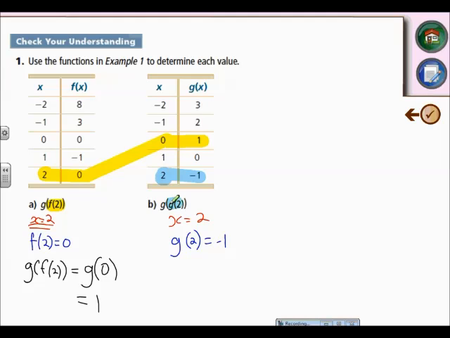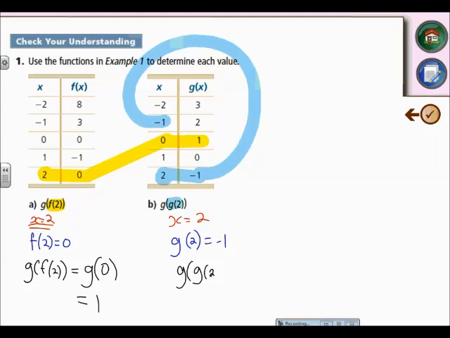Take your negative 1, and we need to put it back in for the x. But we're putting it back into itself, back into the g. Which means g at 2 is equal to g at negative 1. All I'm doing is substituting here. I'm saying okay, g at 2 is equal to negative 1, so I just put that right into there. It's a substitution game here. And now I've come back and said at negative 1, it's equal to 2.